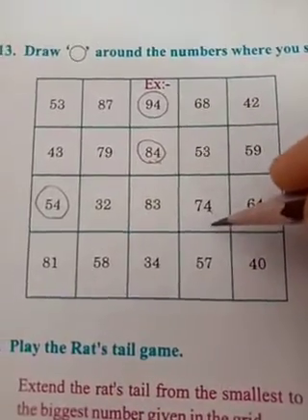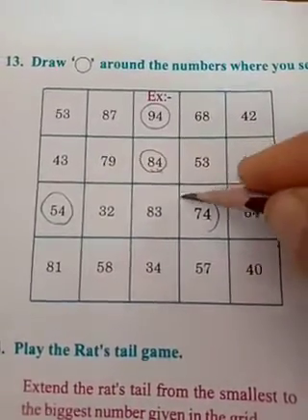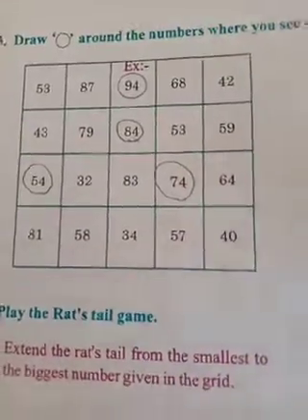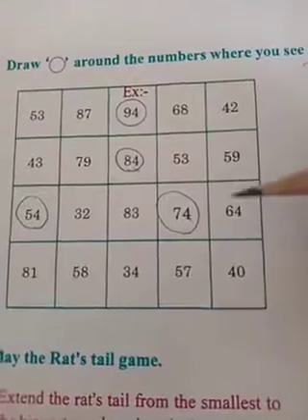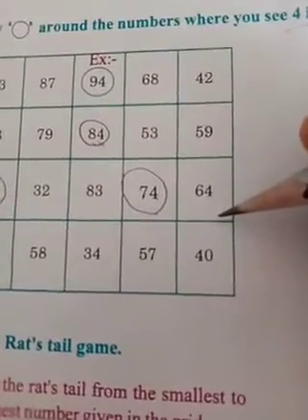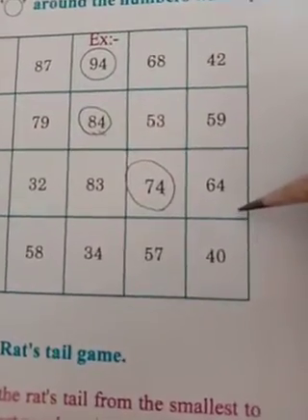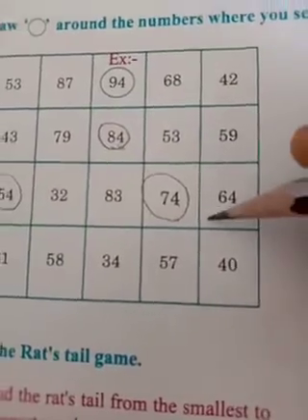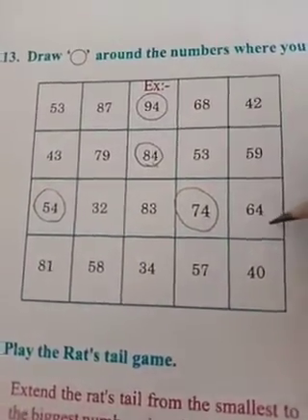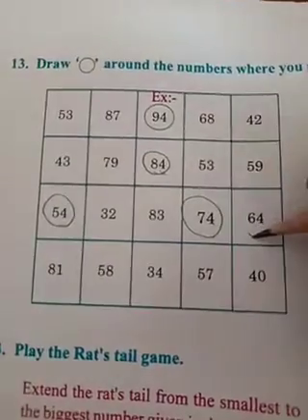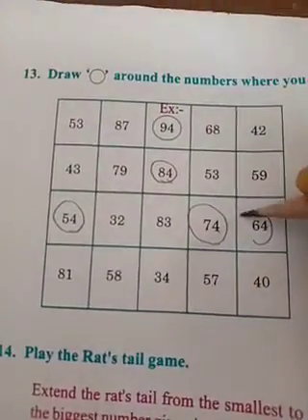Ones place. So circle this number. Here, what is this number? 64. 4 in which place? Ones place. So circle 64.